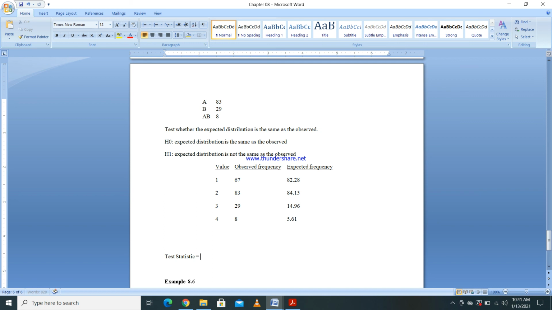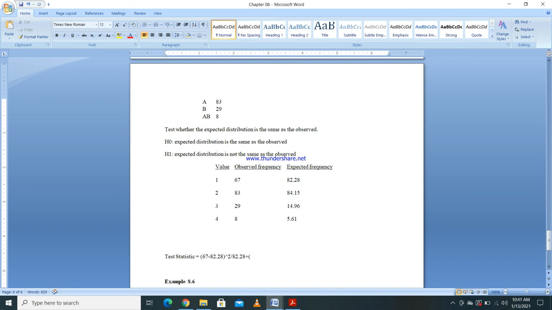Test statistic value. So that is 67 minus 82.28, take the squared value, divide by 82.28.